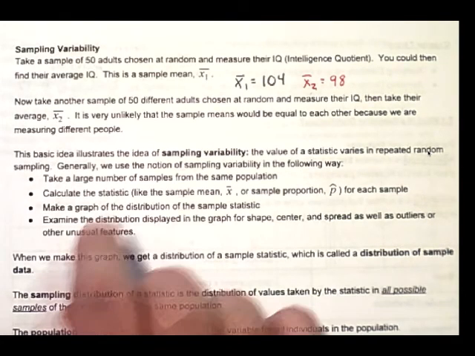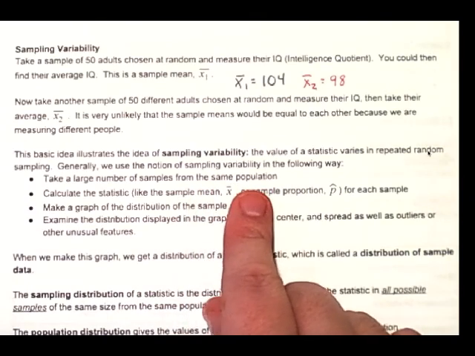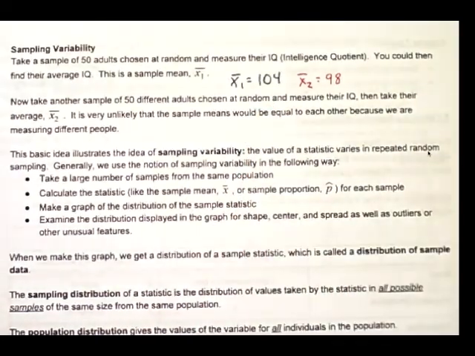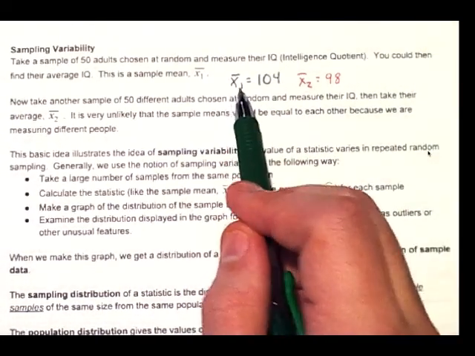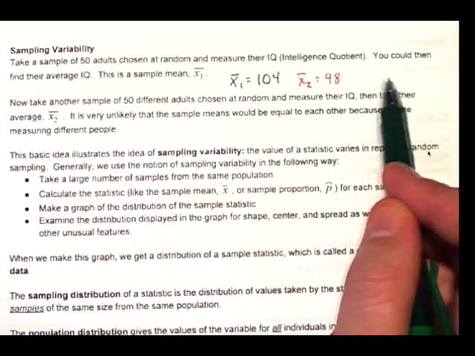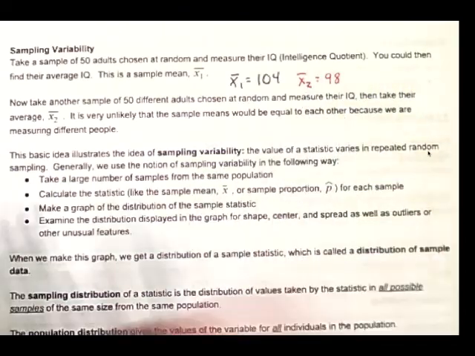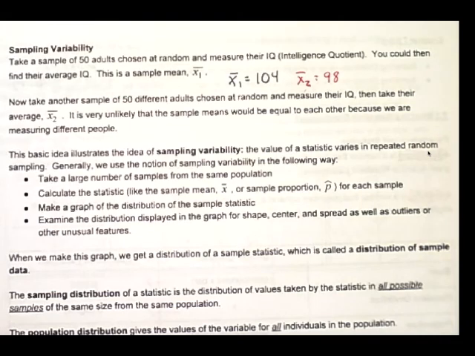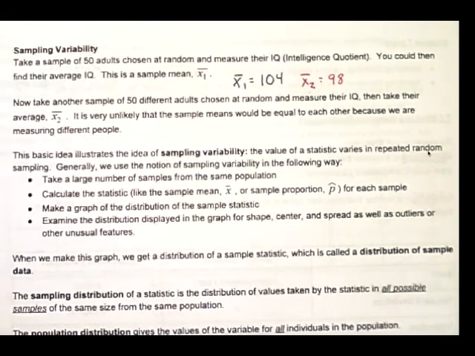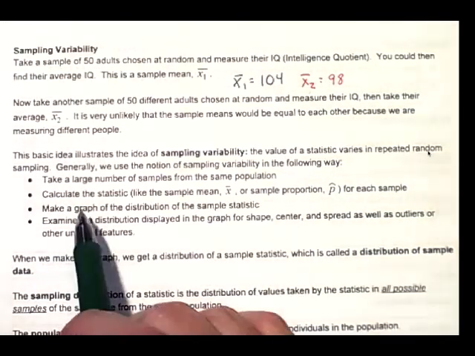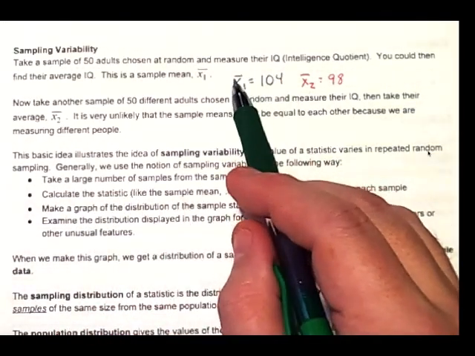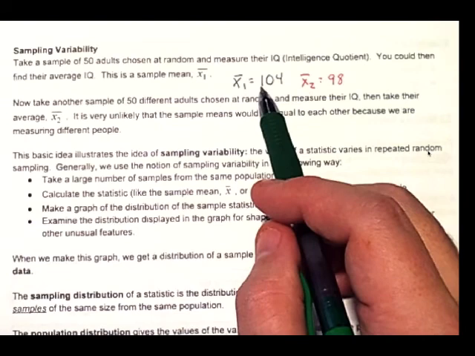It says take a large number of samples from the population. So in this case, say we had the first sample, second sample, third sample. Maybe we took this sample 1,000 different times. Maybe we took 1,000 samples of 50 different people. And then it says calculate the statistic, like we just did, for each group of 50.